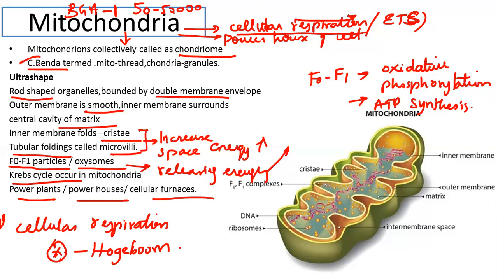One is C. Benda, who first observed and termed it. The function of mitochondria in cellular respiration was discovered by Hogboom. That is what we have about mitochondria. So with this, we are completing mitochondria.